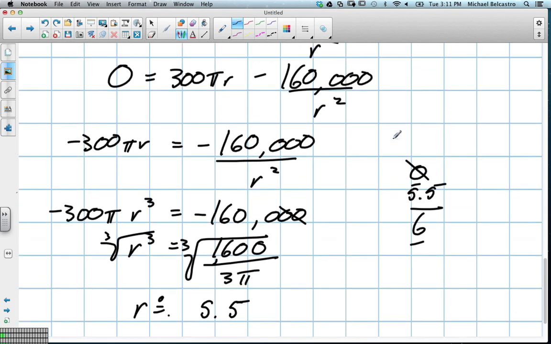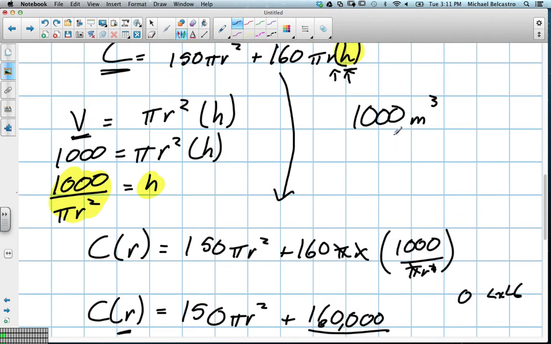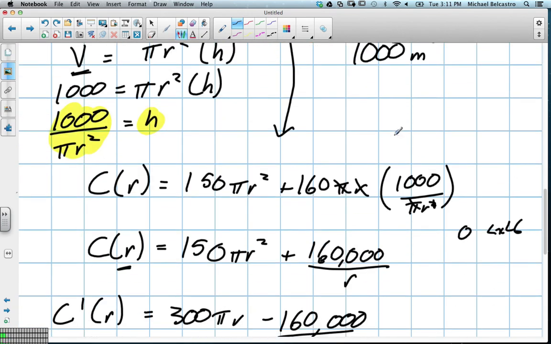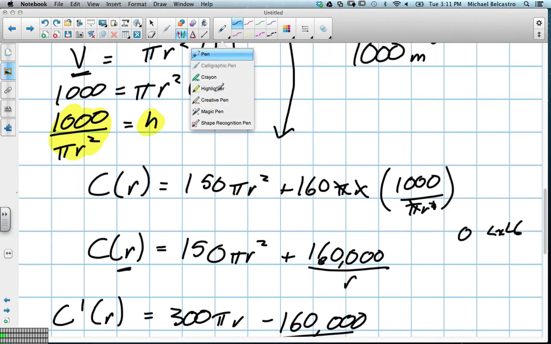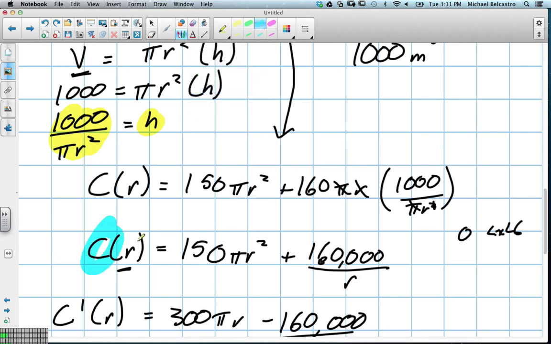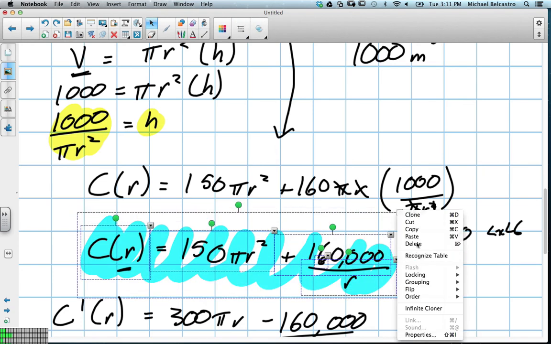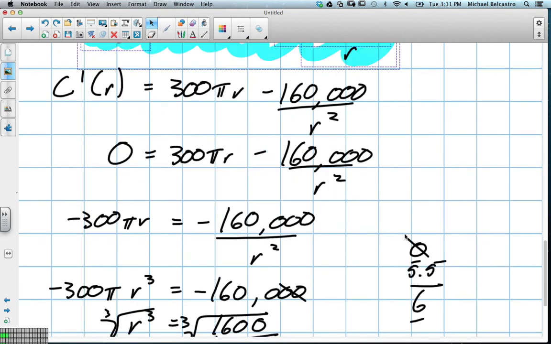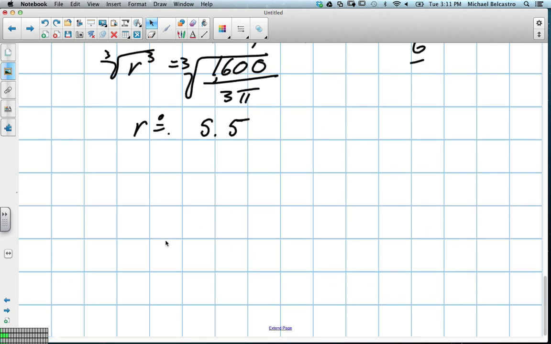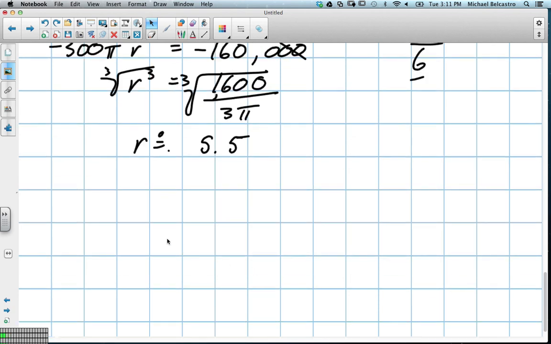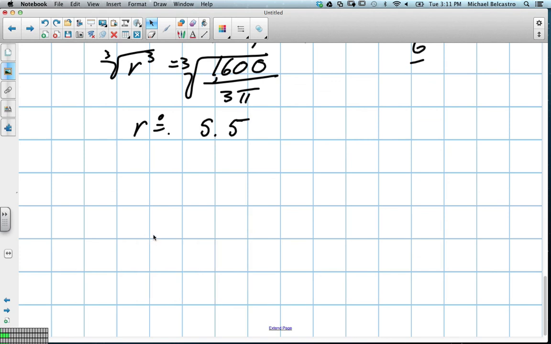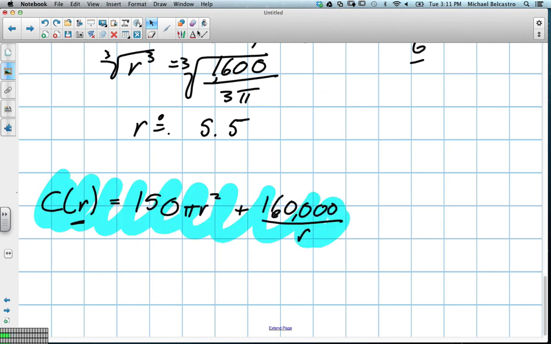So we go to our cost function. Our cost function is the important part here. This function here, the simplified version when we had h involved. I'm going to copy it and paste it at the bottom, and we're going to plug our values in. So we're going to test 5.5 and 6.